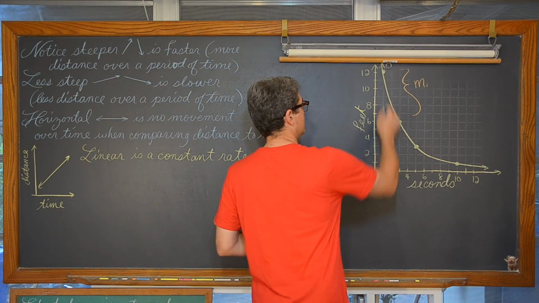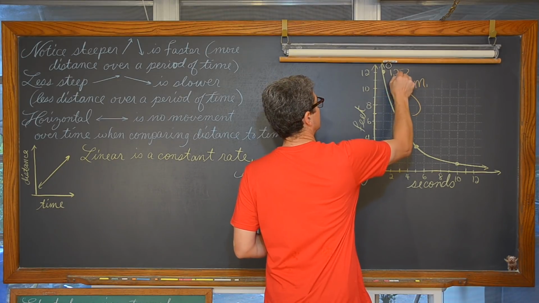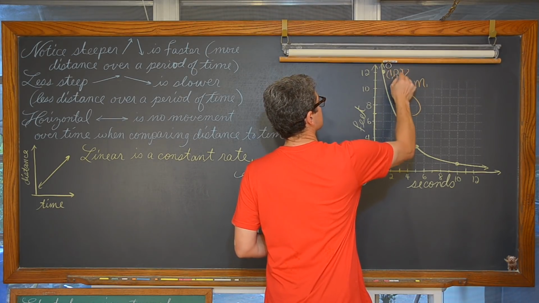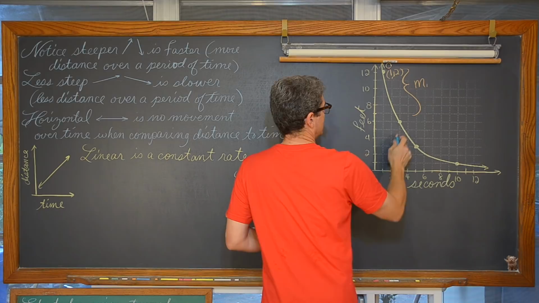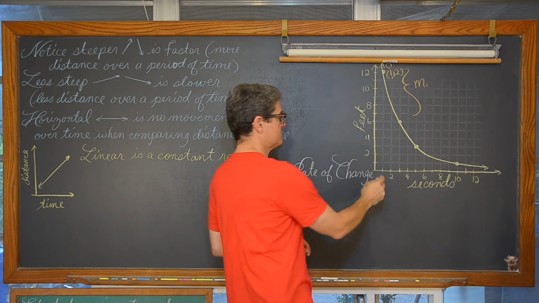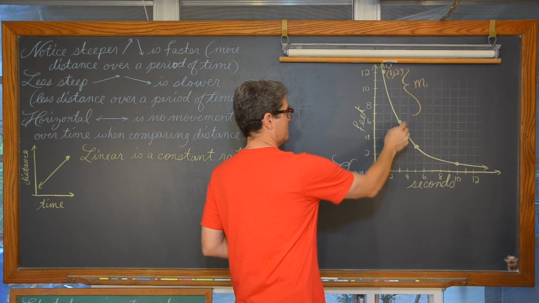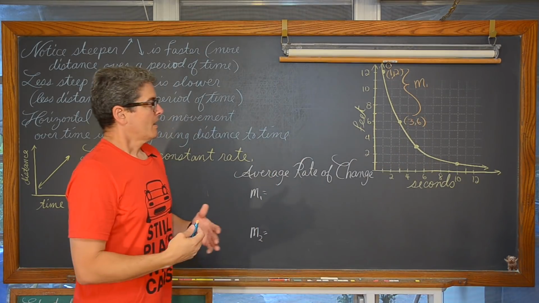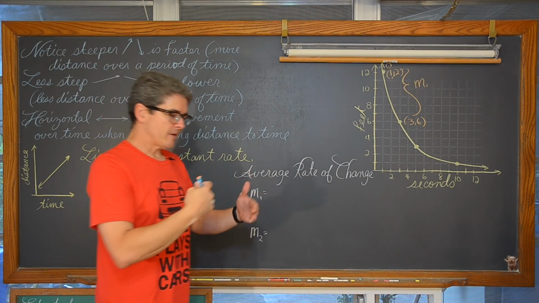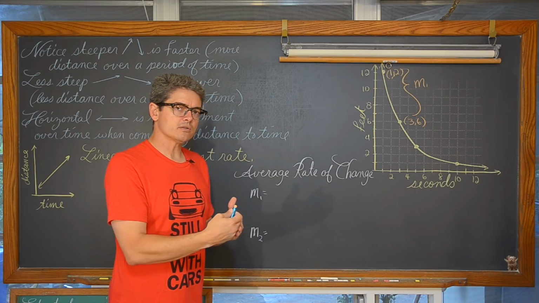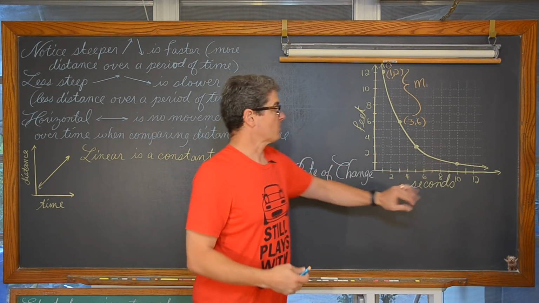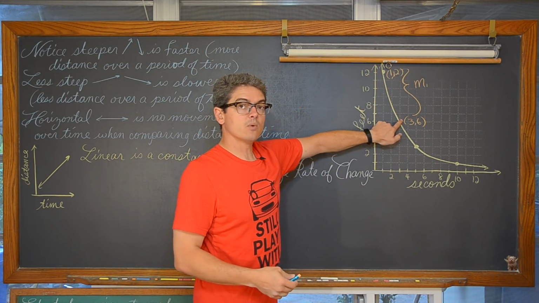So we have 1, 12, which is now very sloppily written. And we have here from the origin to the right 1, 2, 3, and up 6. And looking at that graph, thinking about slope or rate of change is rise over run. Read that left to right, left point to right end point.